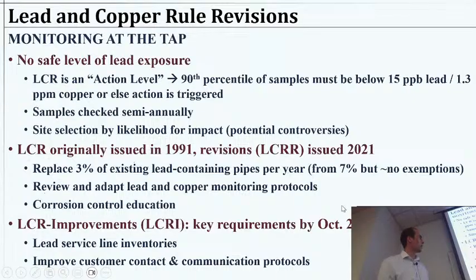Sorry about that, I'll fix that. And this would be lead service line inventories. Okay, set up and track, monitor what are our service lines that have lead in them, and then of course improving communication with customers was another aspect of this lead and copper rule revision.